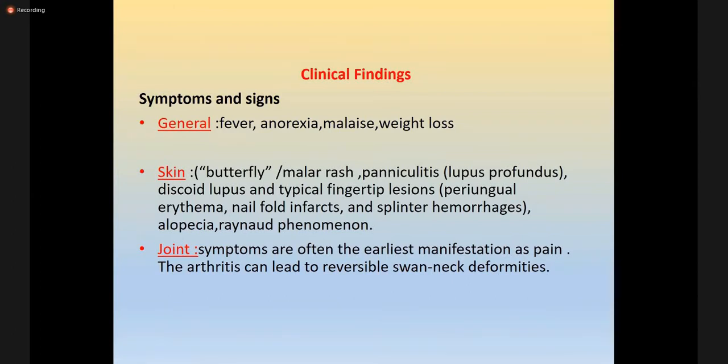There may be inflammation of the joints, which are tender to touch, but the joints which are swollen do not lead to permanent deformity. They usually cause deformities of the joints which are reversible. That means they are correctable.